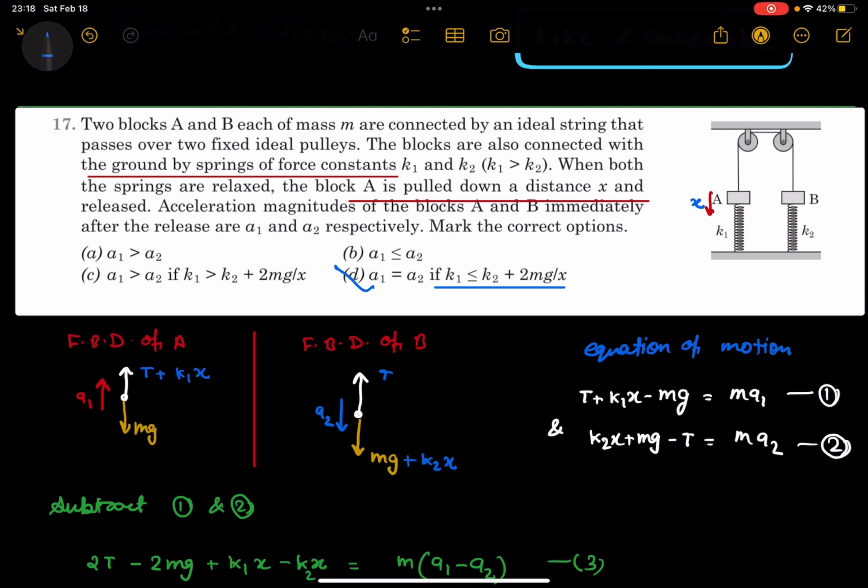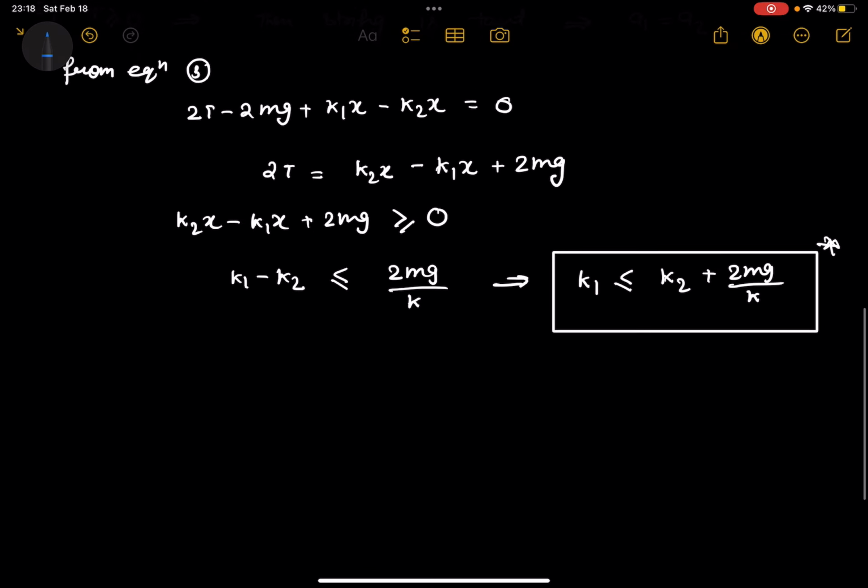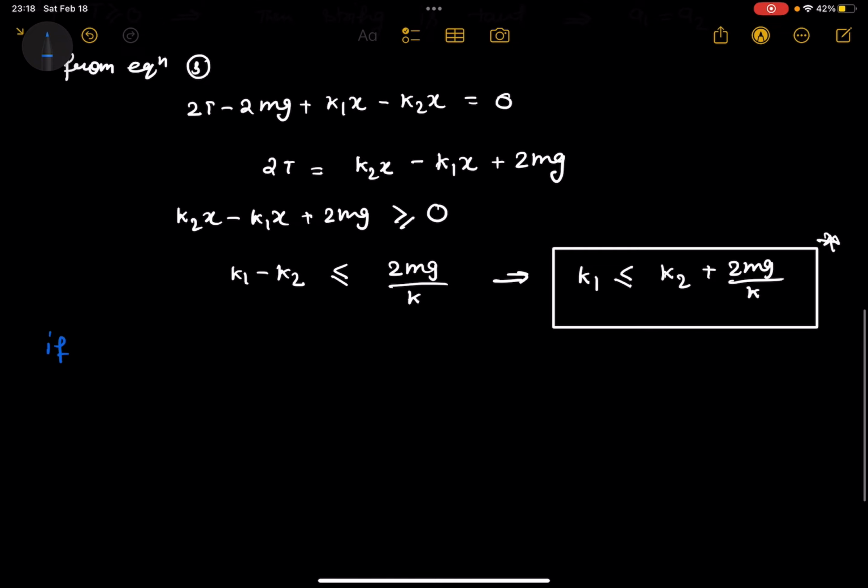What happens if K1 is greater than K2 plus 2mg by x? Let's say T is 0. Then the string is not taut.